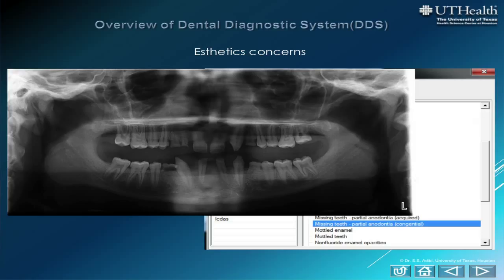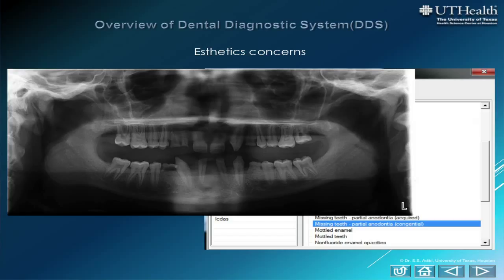Aesthetic concerns are made of subcategories of abnormalities of teeth, caries and loss of tooth structure, occlusal disorders, defective restoration, and removable prosthodontics. Occasionally, patient conditions such as this may require a diagnosis that indicates as such.